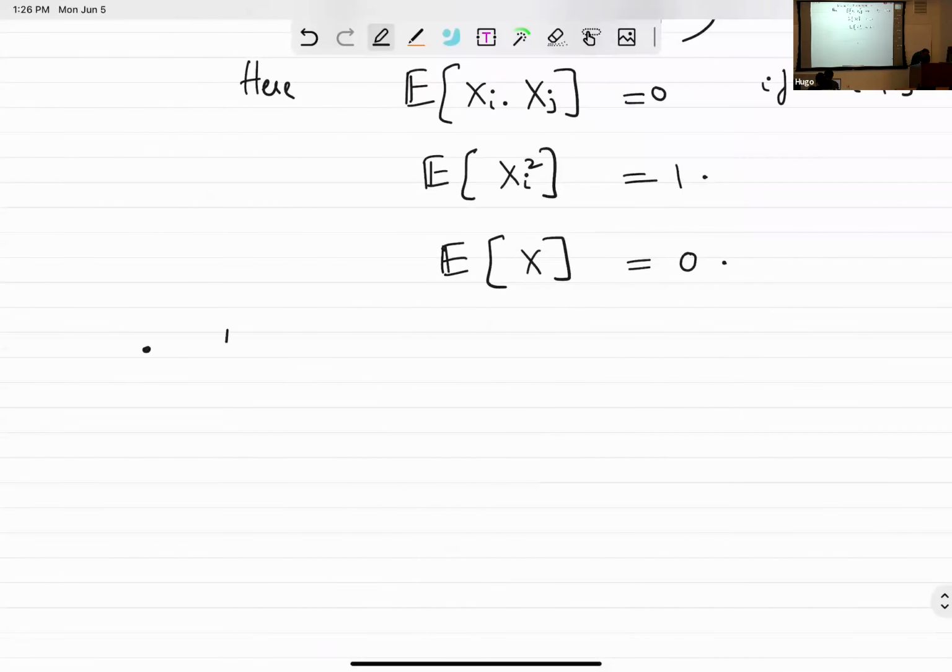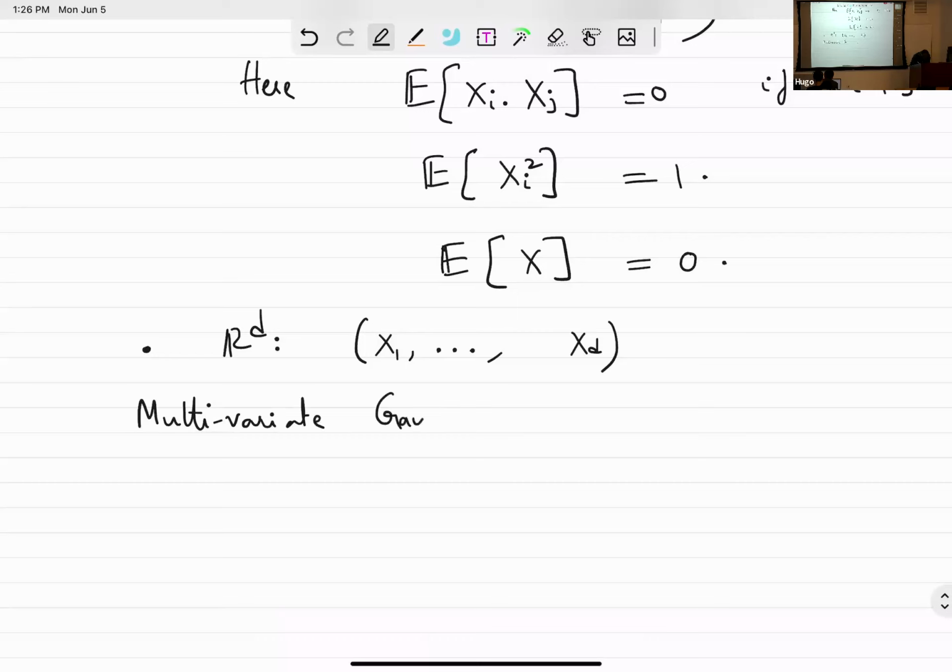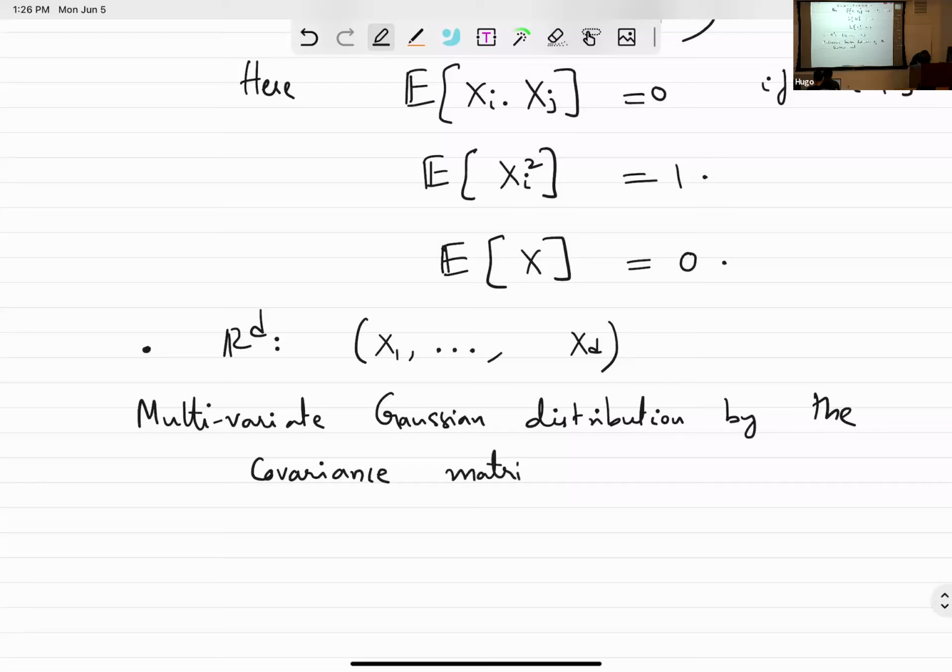So that is denoted as the most general form of the Gaussian distribution, the multivariate Gaussian distribution. And these are parametrized by the covariance matrix, a D by D matrix.